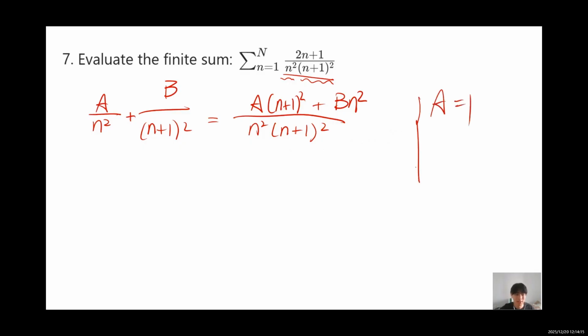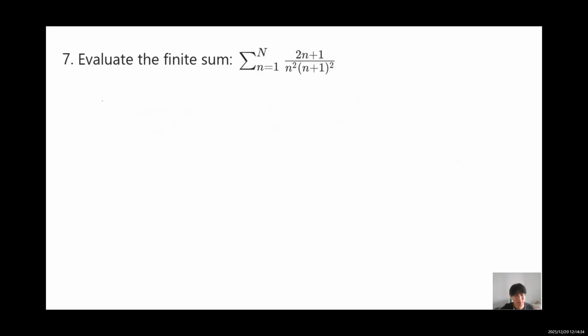So A equals 1, B equals, let me check, B equals -1. And then we plug in A and B to get the expression after partial fraction: 1 over n squared minus 1 over n plus 1 squared. Okay, that seems quite easy. Let's do the calculation.